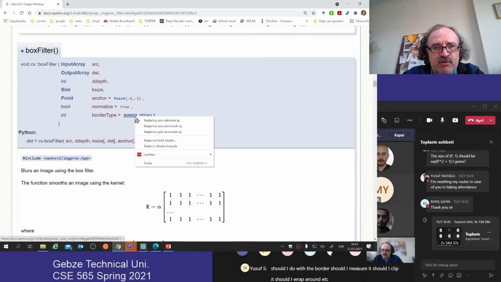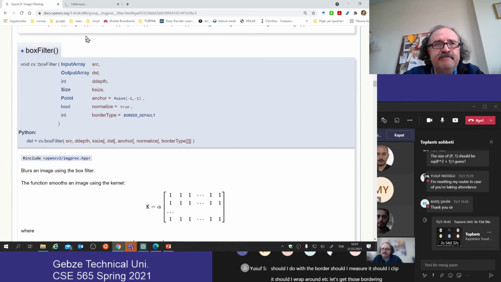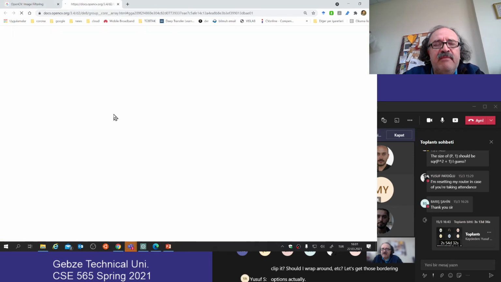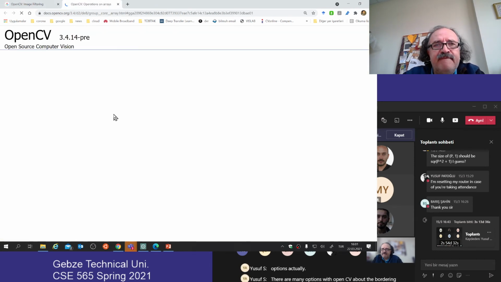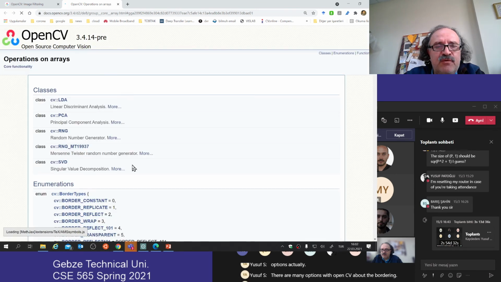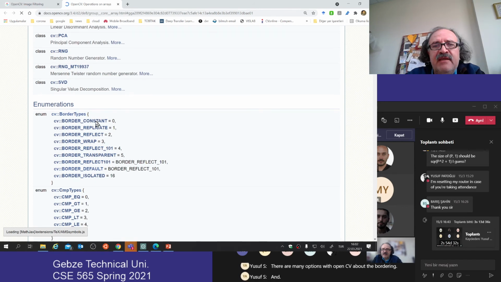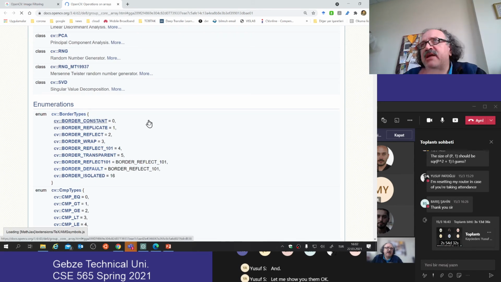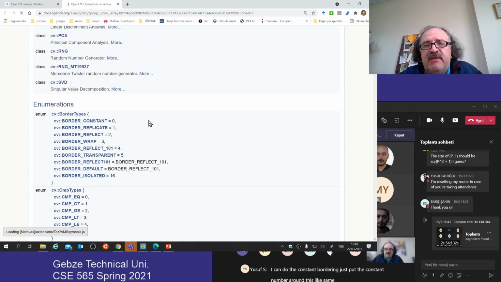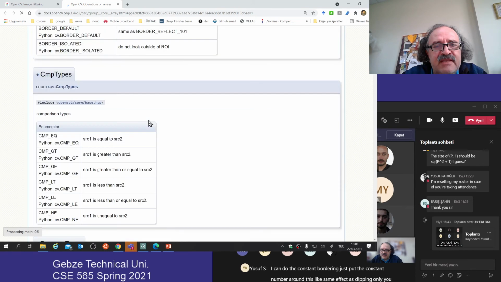Let's look at those bordering options. There are many options in OpenCV about bordering. I can do constant bordering, just putting a constant number around. It's the same effect as clipping, only you put some values in it.